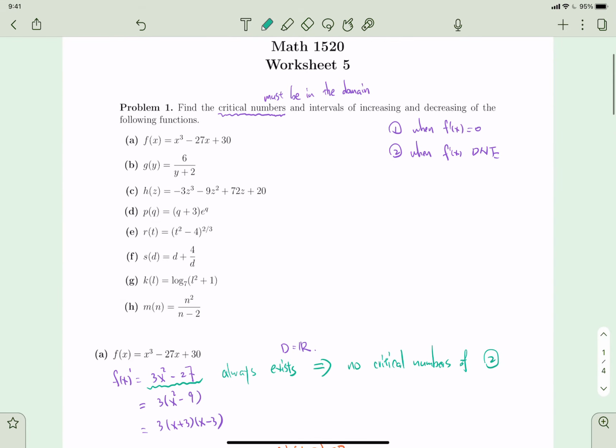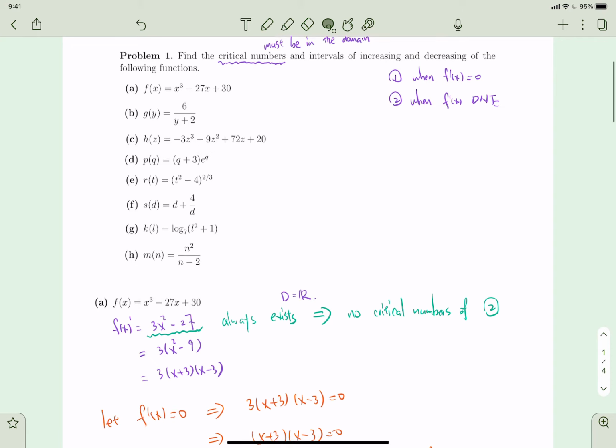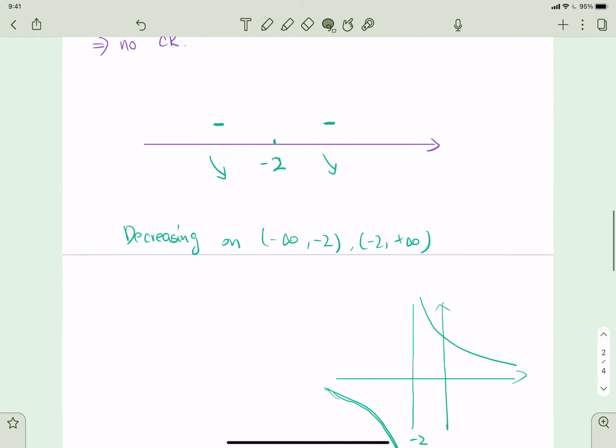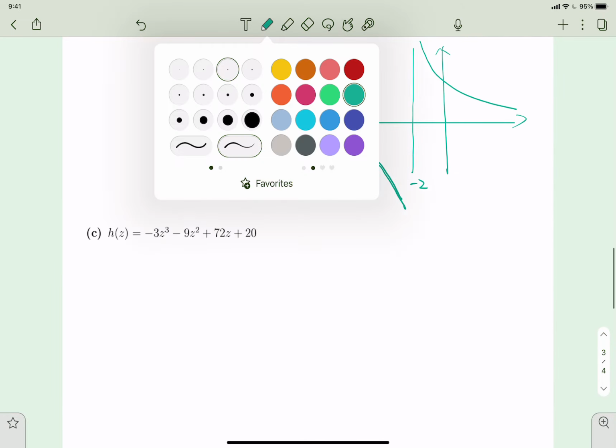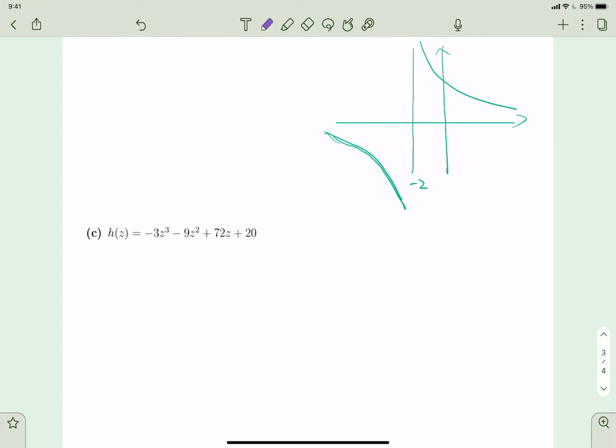And now let's move on to the next one, question C. As before, this is a polynomial function, so the domain is the real numbers.